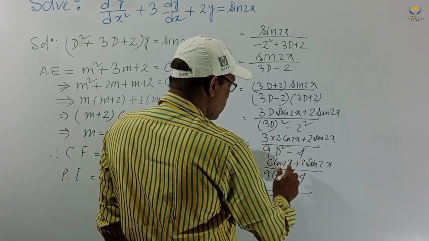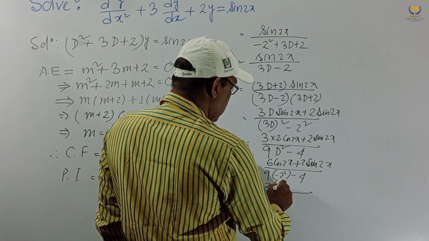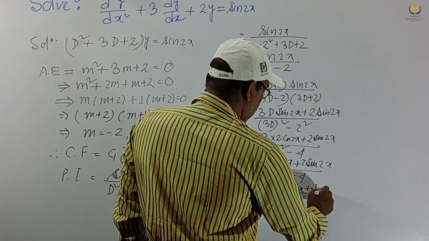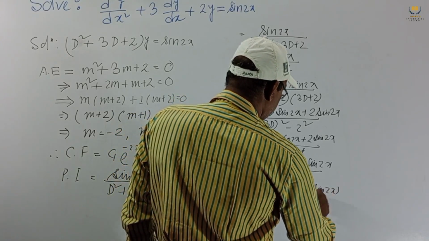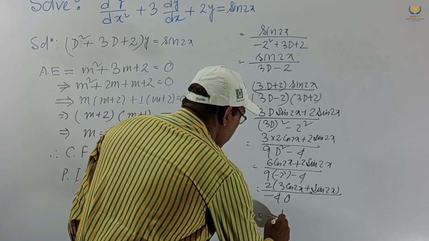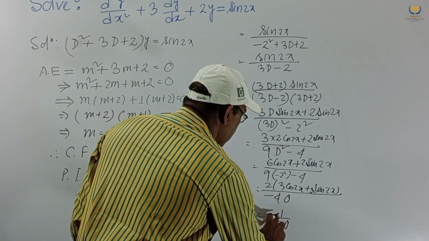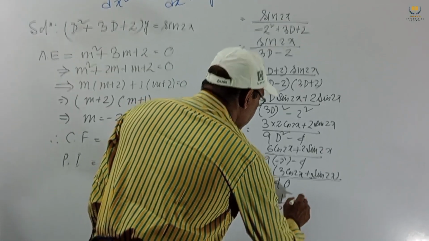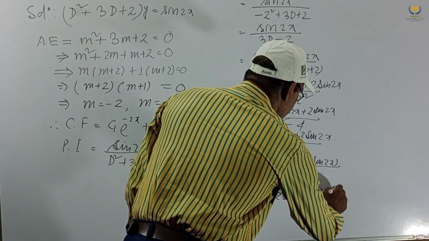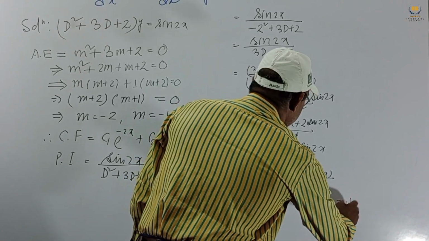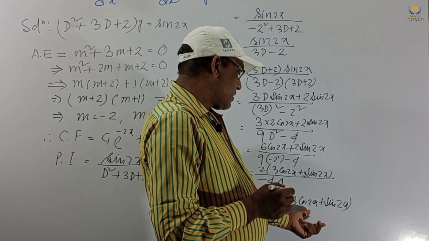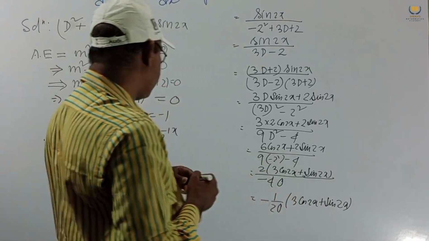From the numerator 2 is common, then 3 cos 2x plus sin 2x. Cancelling by 2, we get minus 1 by 20 times 3 cos 2x plus sin 2x.